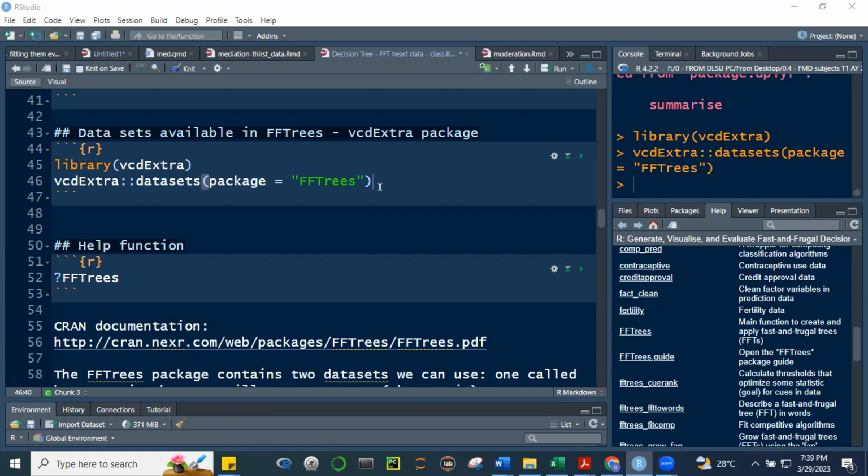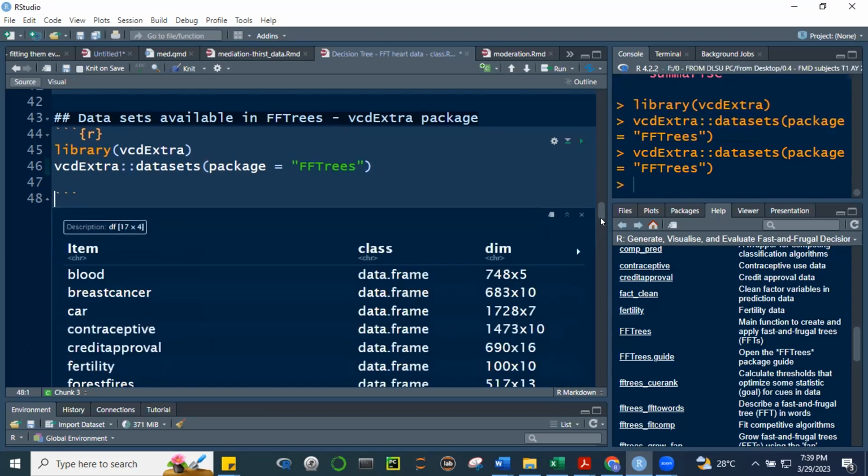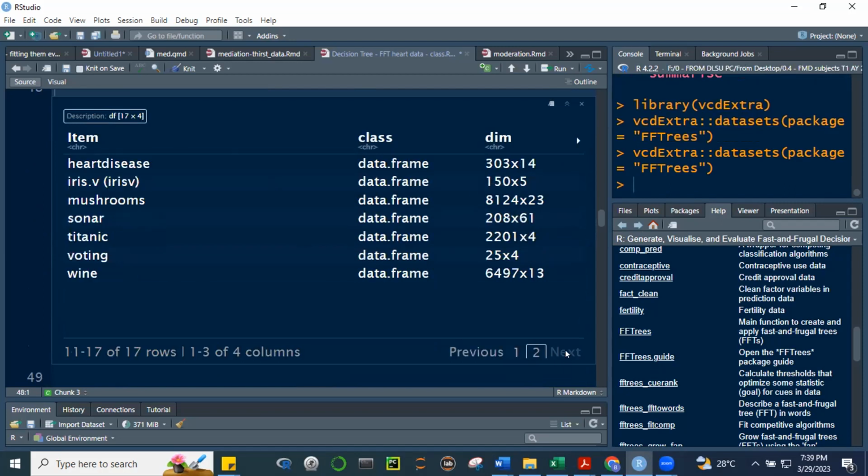Okay. Try nyo nga muna, nag-run ba to? Sir, sa akin lumabas yung kaninang pinakita nyo. Yung mga items. Yun ang gusto natin, no? That's what we want, yung ma-output yung mga datasets na available dun sa FFTrees. Kasi what we want to see here is that you can make use of data. And if you really want to learn about that specific package, go to the documentation, minsan may mga examples, di ba?